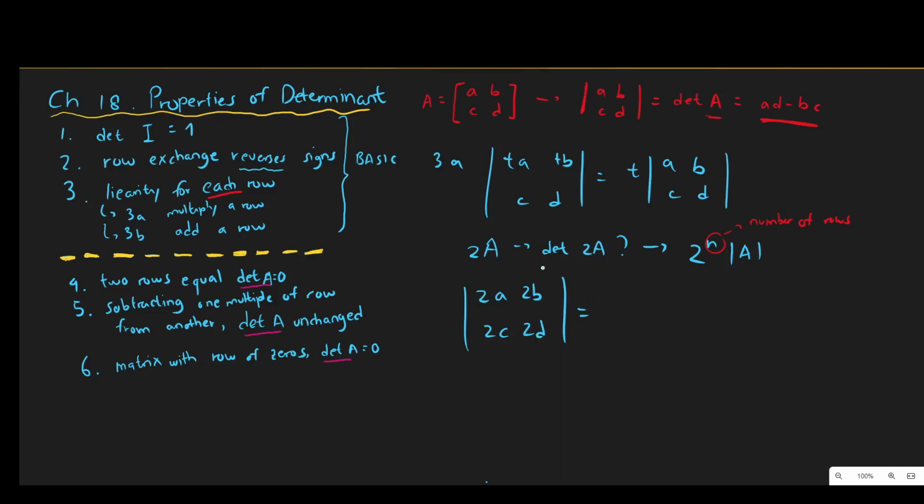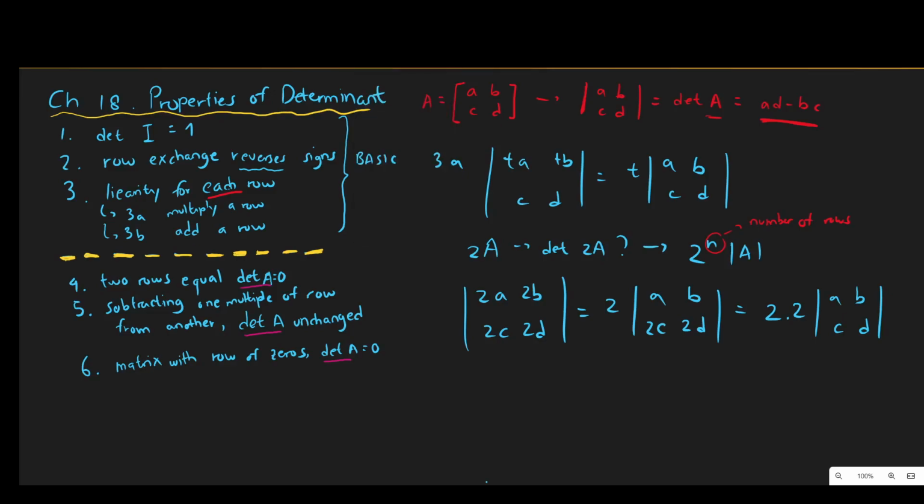First you bring out the 2 from the first row, as per the property defined here, but you still keep the second row fixed, so it has a factor of 2, and you pull that out again. Right now you have 2 times 2 times the determinant of A, B, C, D. This is a quite important and interesting example of property 3a.